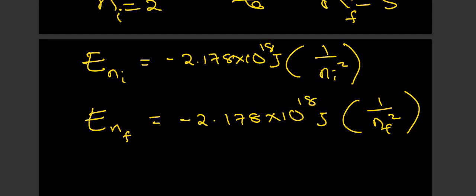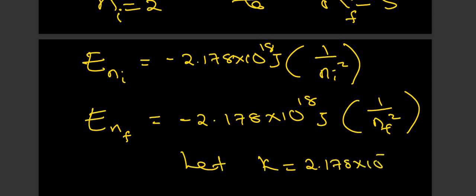So if you want to find the difference here, I'm going to let k be equal to 2.178 times 10 to the power 18 joules, so that I have something short to write.